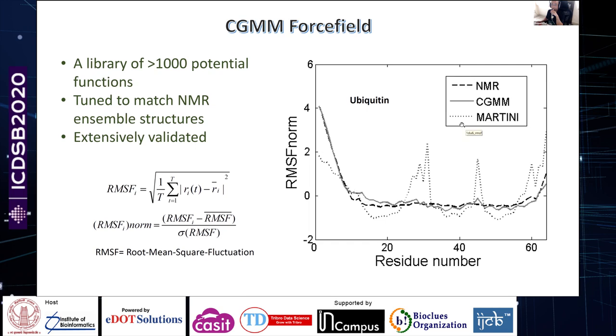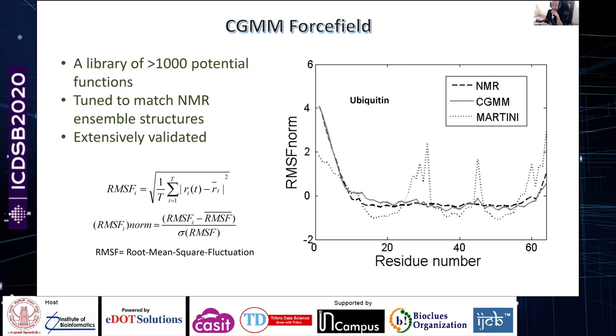The Martini is fluctuating more than what it should. So we did these kinds of analysis to ensure that the force field that we derived faithfully represented the physiological fluctuation that we would be able to expect from the protein in solution.